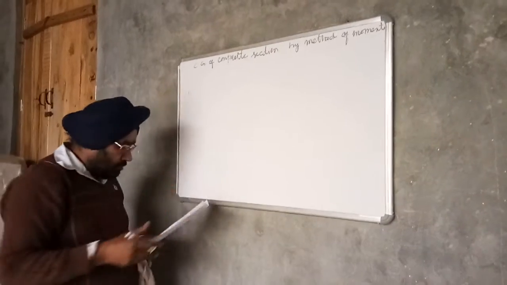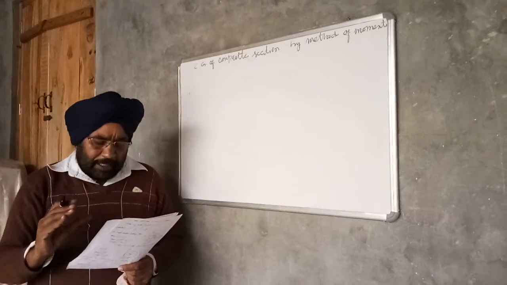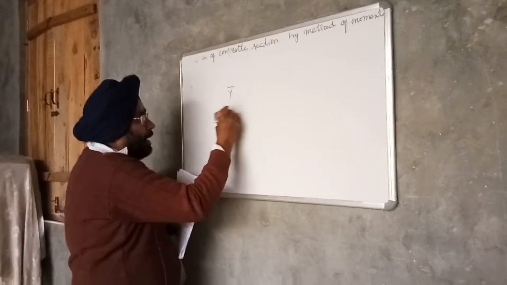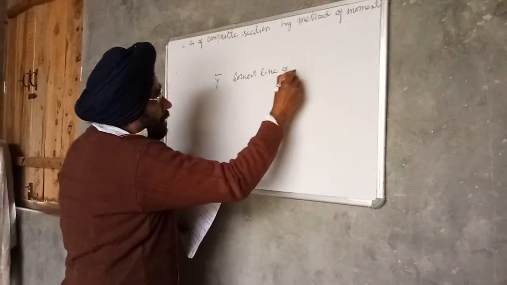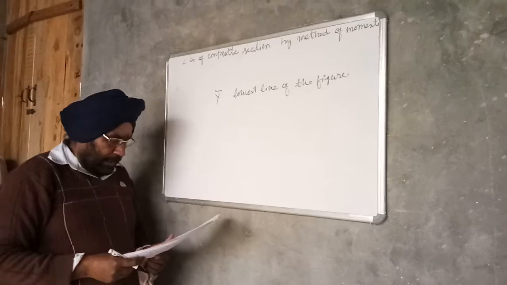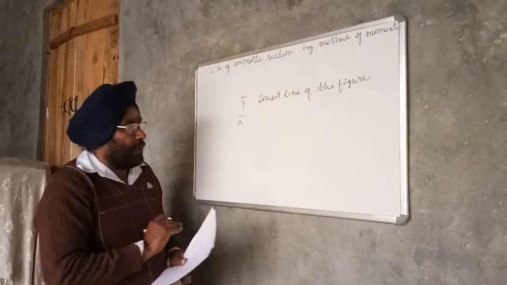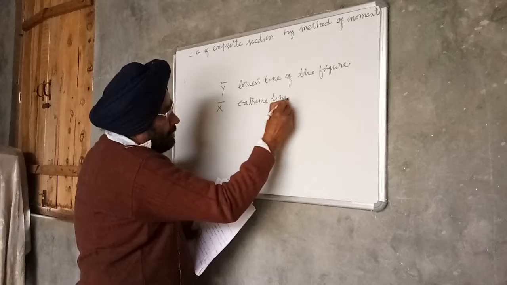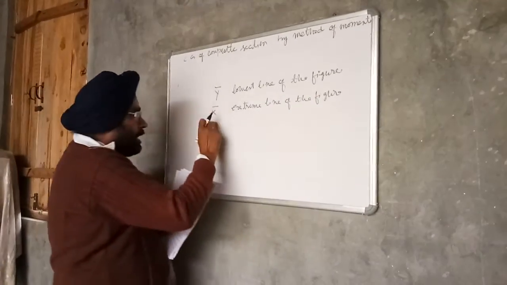Step 1: draw the reference axes. The lowest line of the figure is taken as the reference axis for determining y bar, and the extreme left line of the figure is taken as the reference axis for determining x bar.